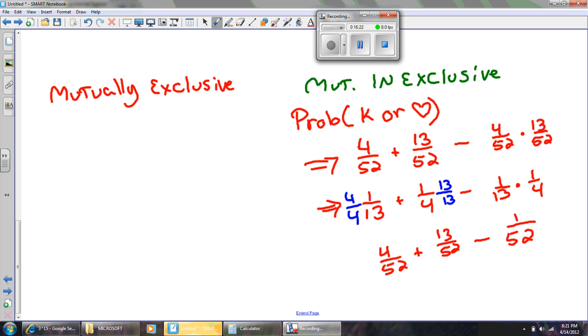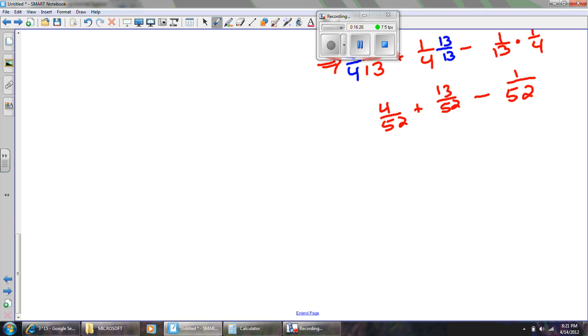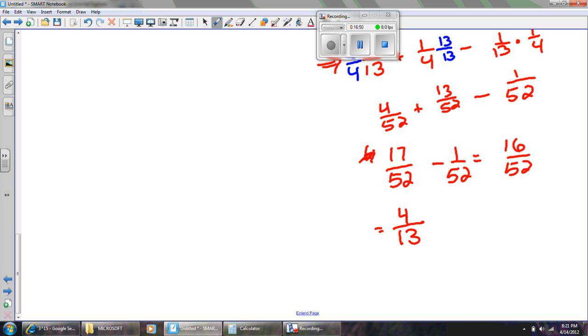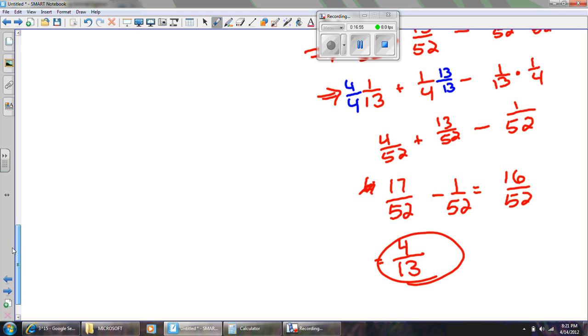And so what I'm going to end up with is 17/52 minus 1/52, which is 16/52. And that will simplify. I think 4 will go into both of those. So it'll be 4/13. And so the probability of getting a king or a heart is 4/13.